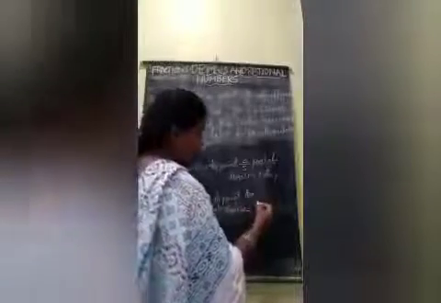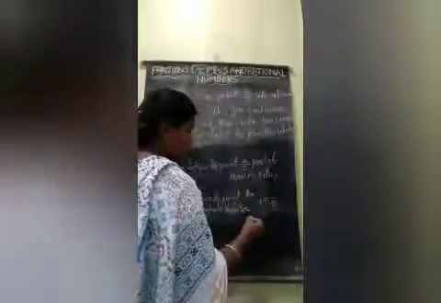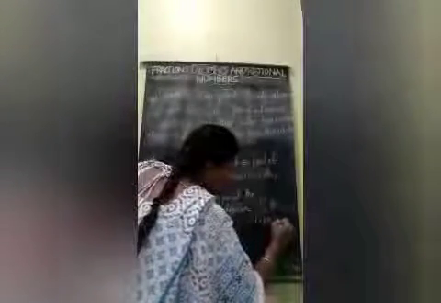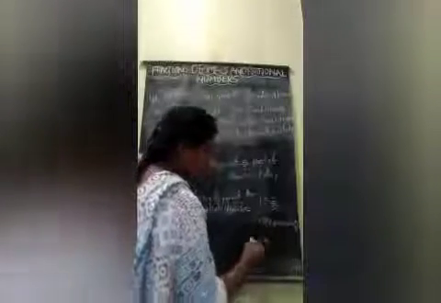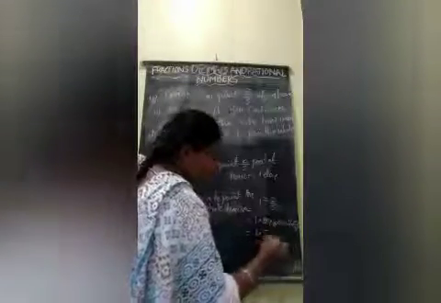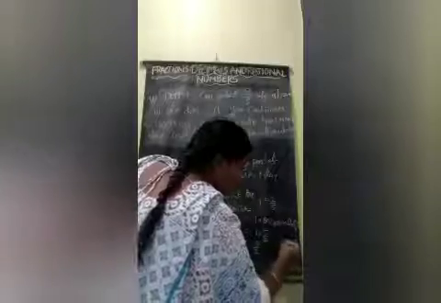To paint the whole house, how much time is taken? Same: 1 divided by 2 by 5. You already know that the division of a whole number by a fraction is the whole number multiplied with the reciprocal of 2 by 5. That is equal to 1 into 5 by 2. This is an improper fraction, you get the fraction 5 by 2.